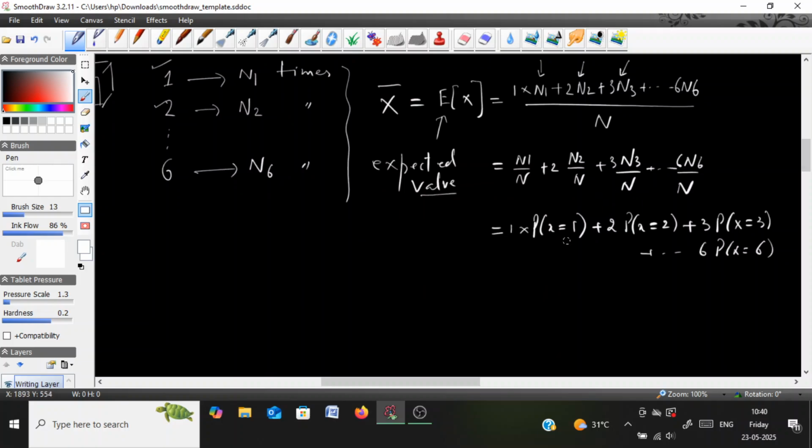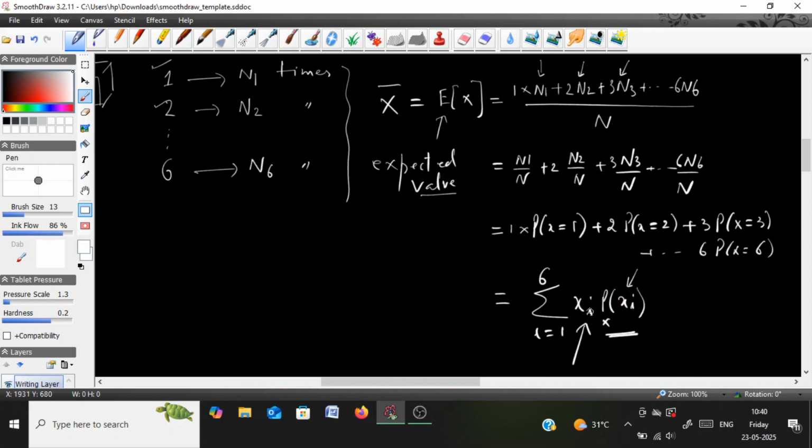So I can simply put it in the form of a summation of, I can say, xi into probability of xi. Okay, where in this case i will go from 1 to 6. So xi is the values which the random variable can take, and px of xi is the probability of the random variable having a value equal to xi.